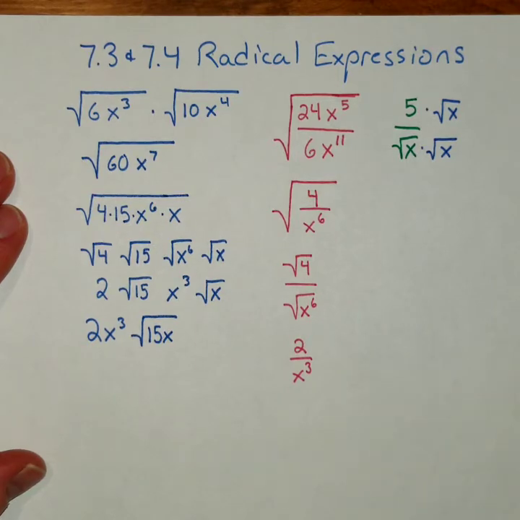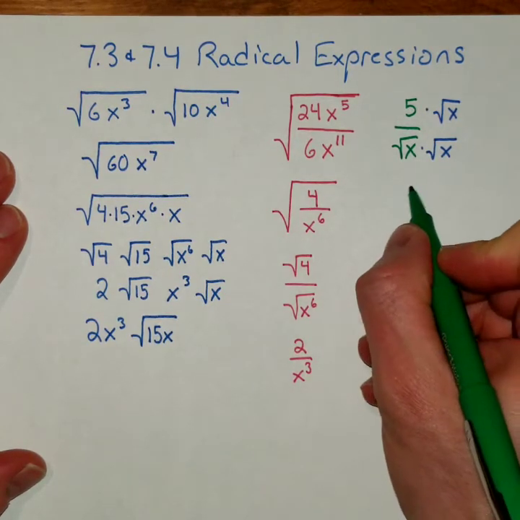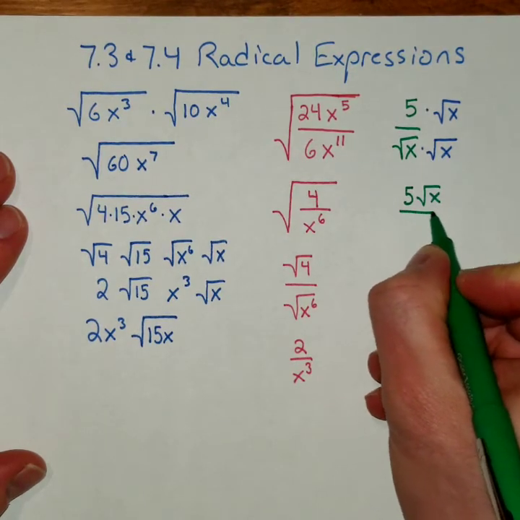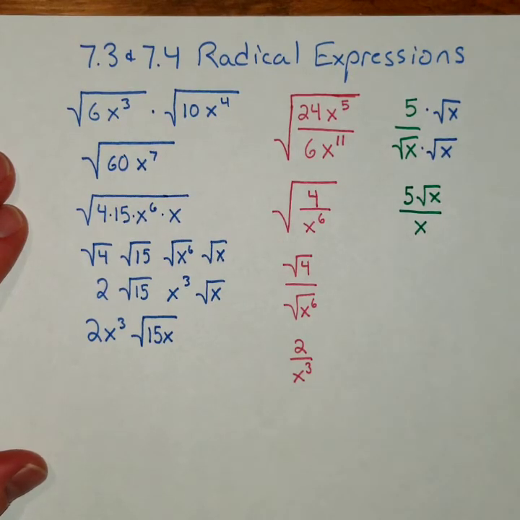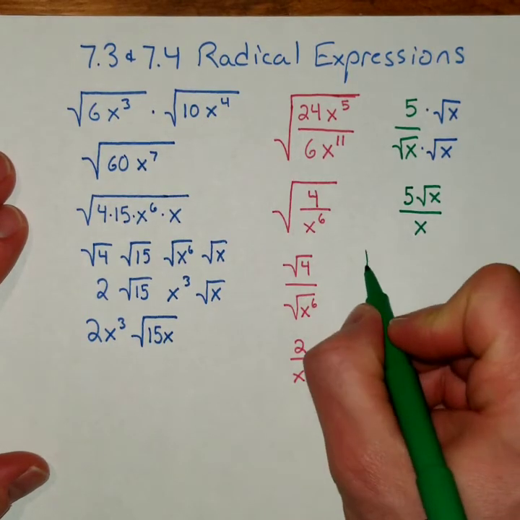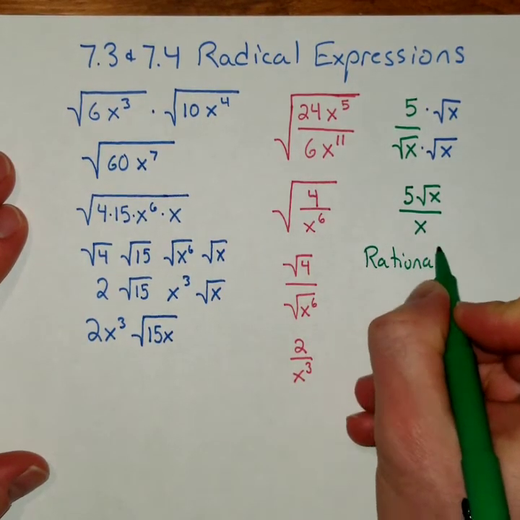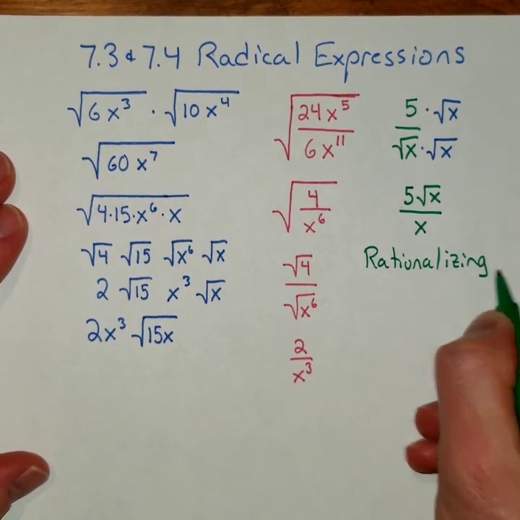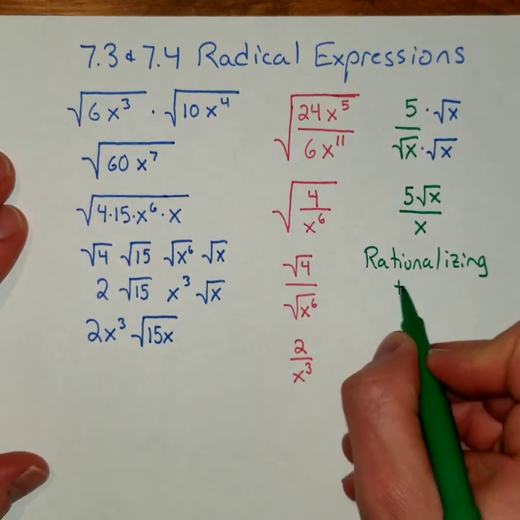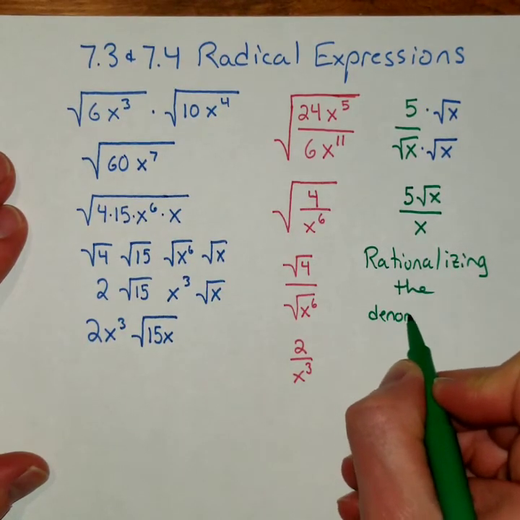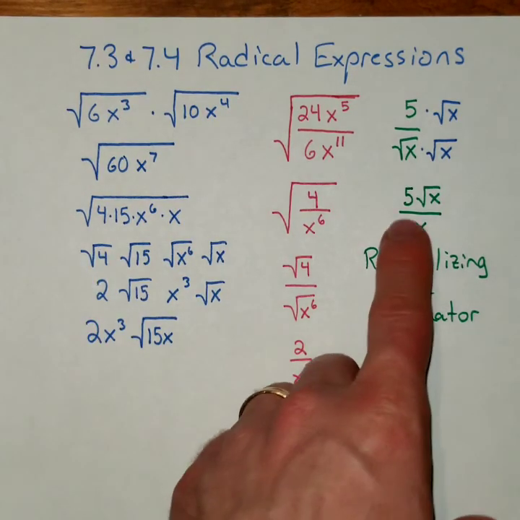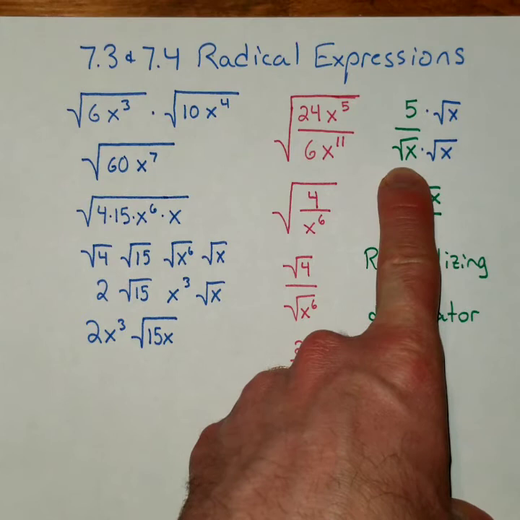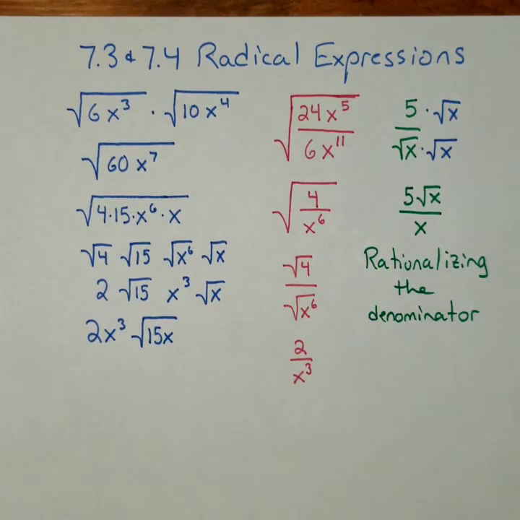And so now when I simplify this, I get 5 times the square root of x on top, and the bottom, root x times root x, is simply x. Okay? And that would be the rationalized form. We call this rationalizing the denominator. Okay, rationalizing the denominator. We take an irrational number and rationalize it. Basically, we take the root and get rid of it.